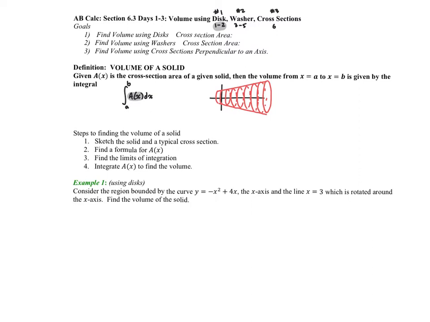Now, in its simplest form, we could see this show up very clearly. If this was a constant, we would actually get a cylinder if I were to rotate this around the x-axis. And we get a cylinder.